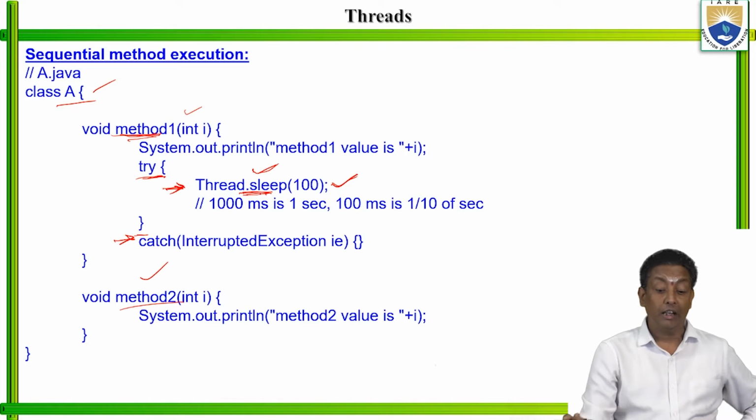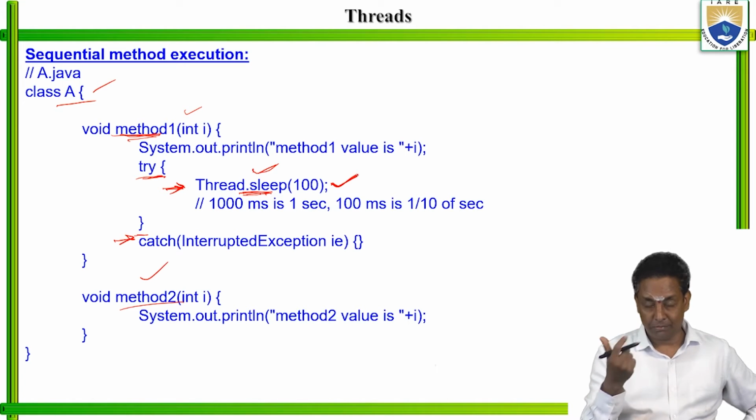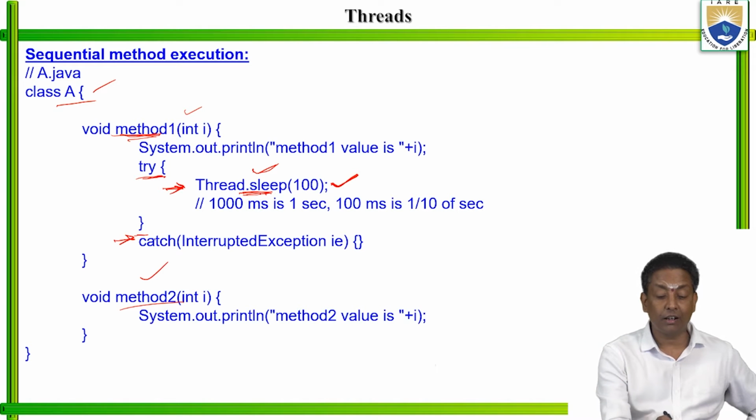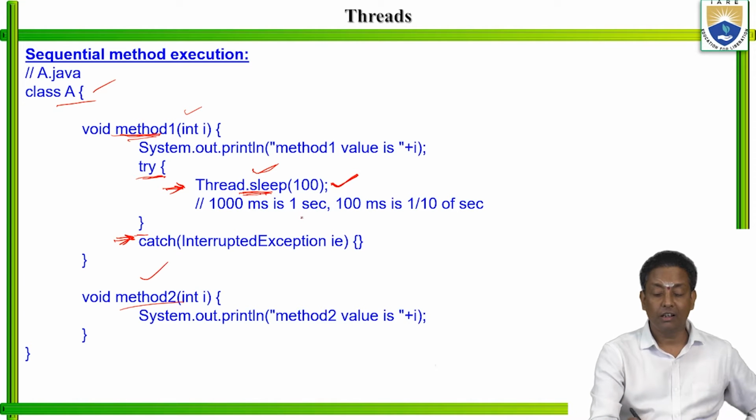Even after the sleep's elapsed time, if the thread or method execution doesn't resume, if the interruption continues, then InterruptedException comes. It comes if the thread cannot be resumed after the given amount of time.